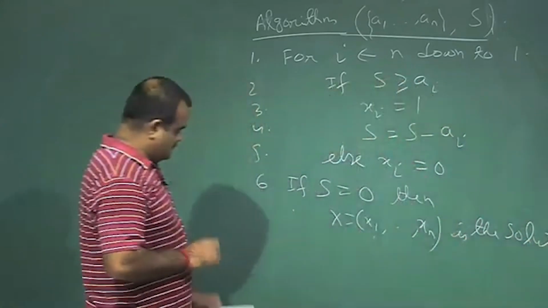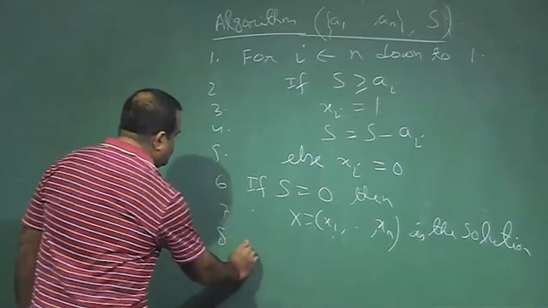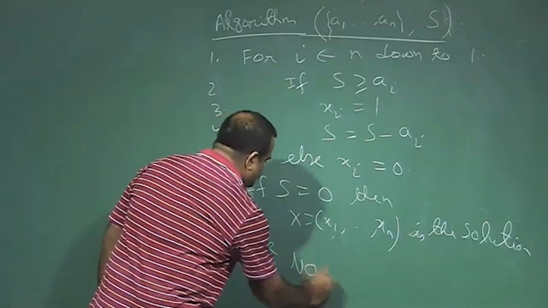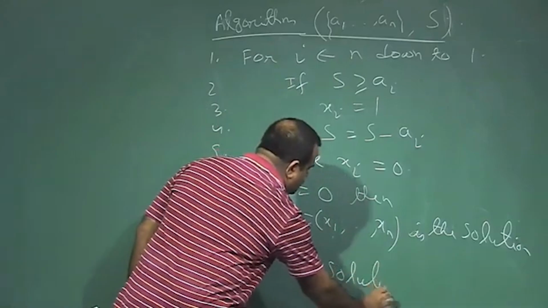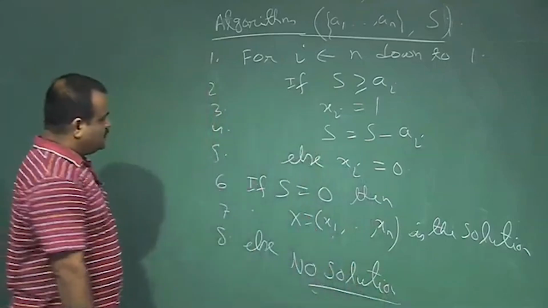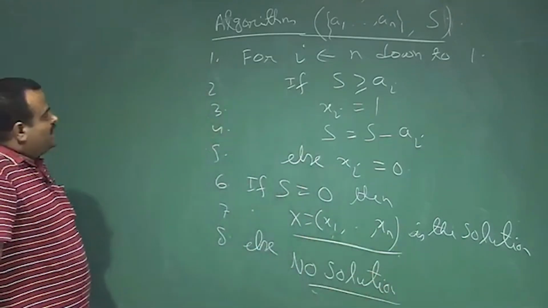Else there is no solution. No solution exists. Okay, so this is the algorithm for finding the knapsack solution when the ai's are super increasing.